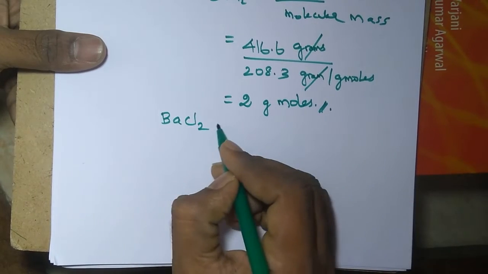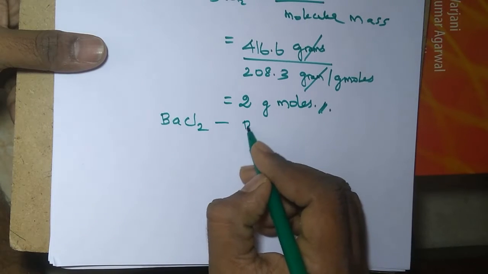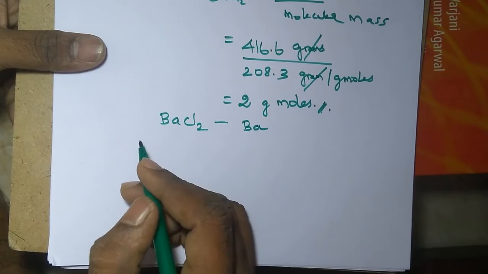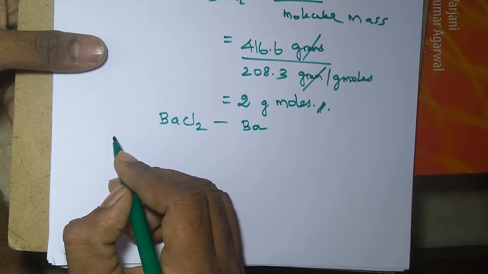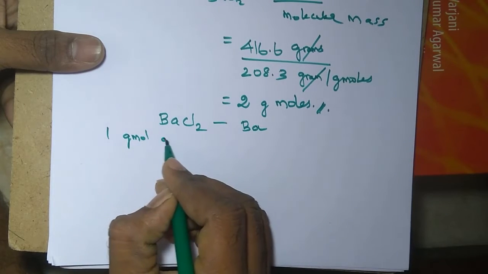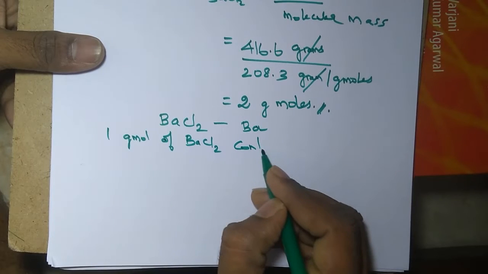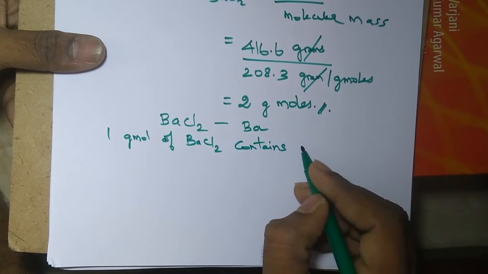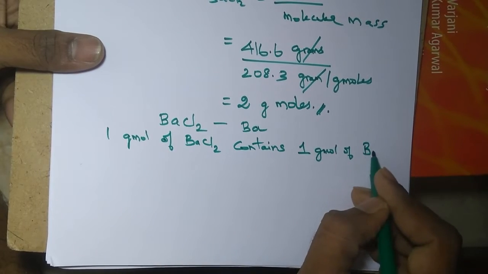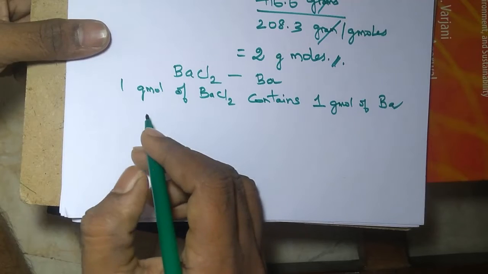So we know that 1 gram mole of barium chloride contains 1 gram atom of barium. 1 gram mole of barium chloride contains 1 gram mole of barium. So here what we have determined is 2 gram moles.